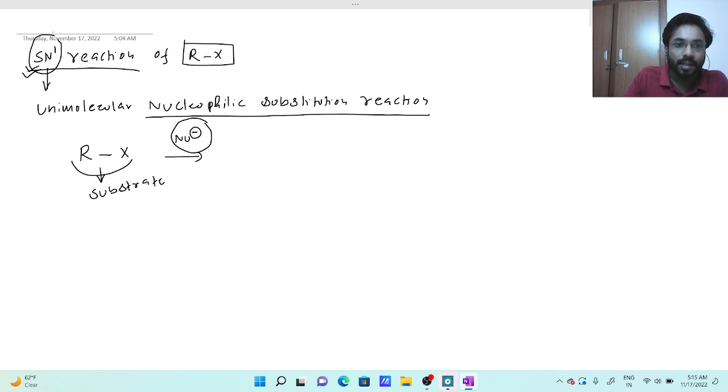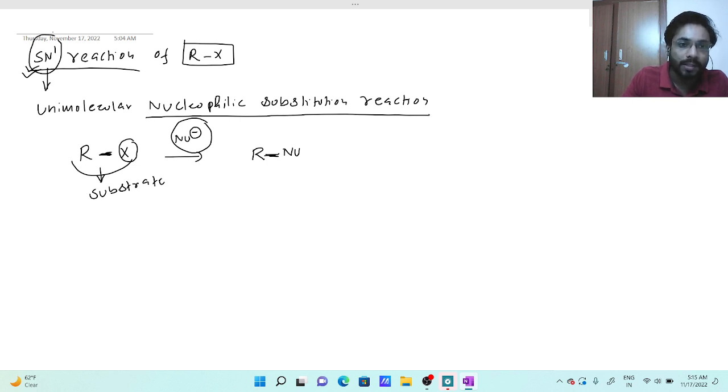So this is reacting with the substrate to give one product, and as we well know, the product is R and this nucleophile. Means this R-X bond is replaced by R-Nu bond. Simply we can say that this X is nothing but the leaving group.